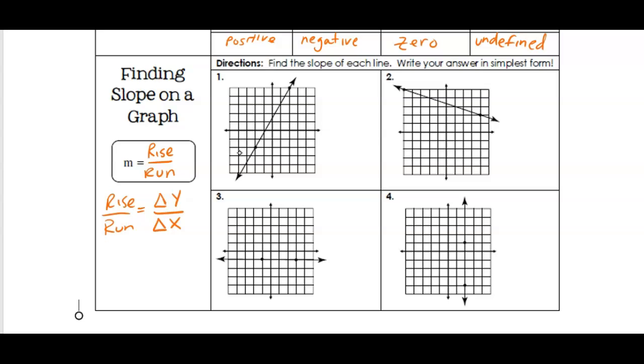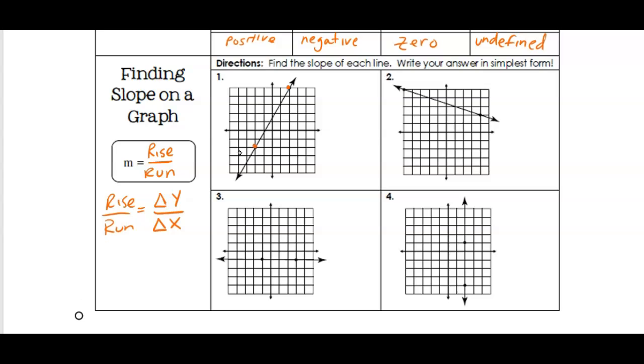So we always do our y's first. If you look in really close, they've already picked some dots for you. And you always got to pick dots, whenever possible, that go through a whole number. So in this case, our rise, which is our change in y, what happens from here to here?